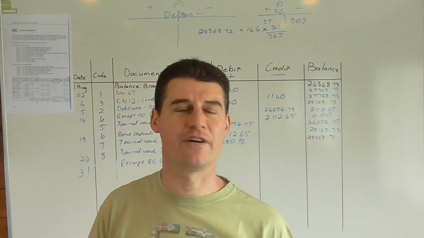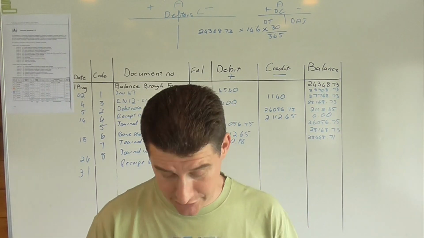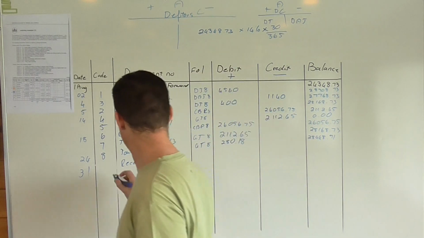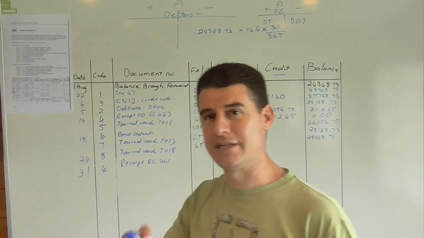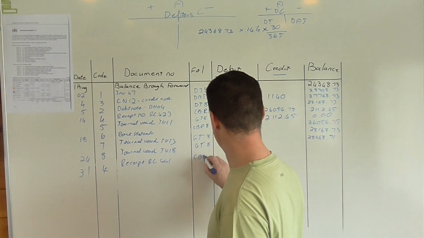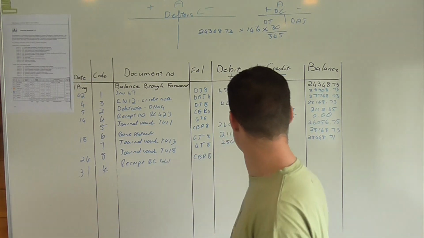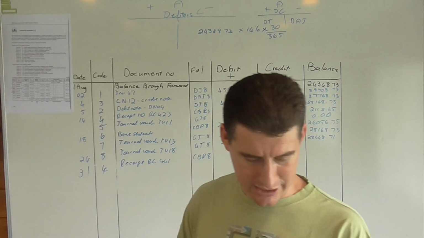Okay, cash receipt from debtors. It was a payment on his debtors account. So that'll be code number 4. And obviously we received money, so that'll be your cash book receipts. So now we need to calculate how much.